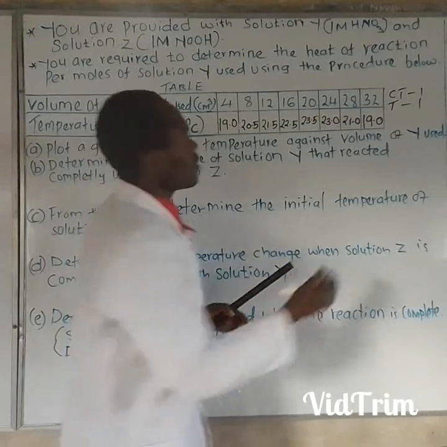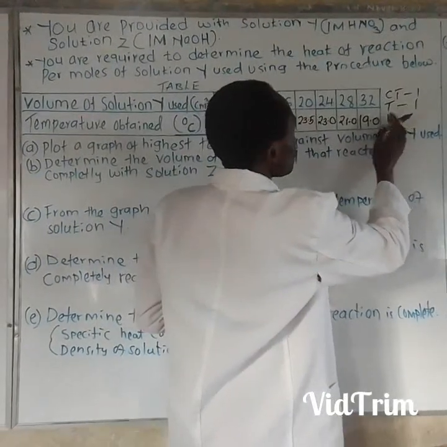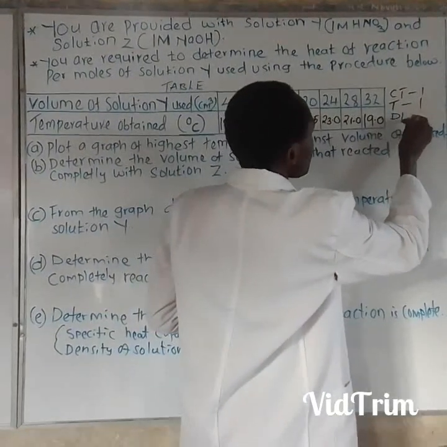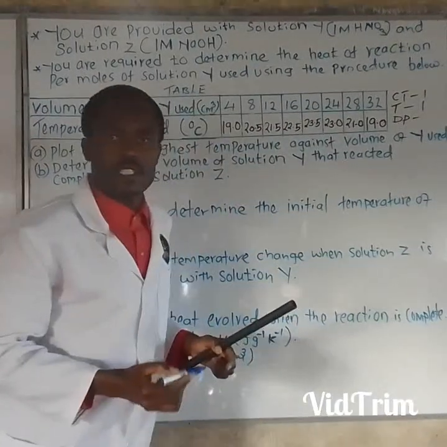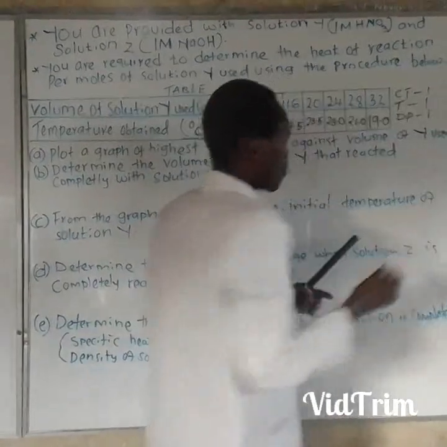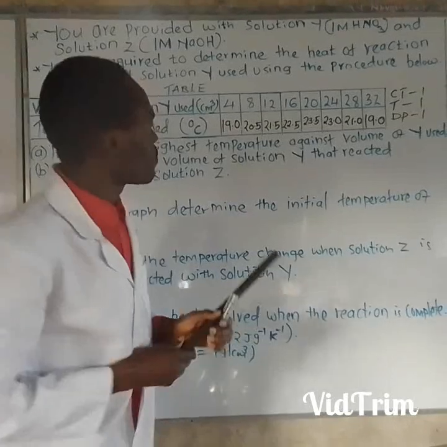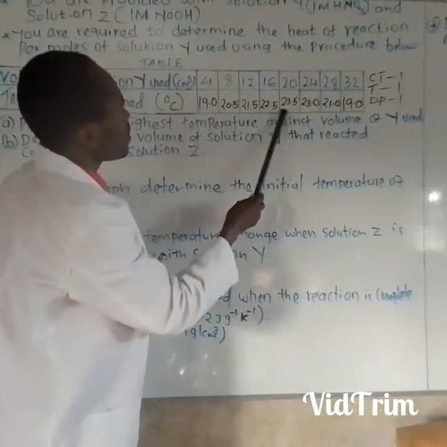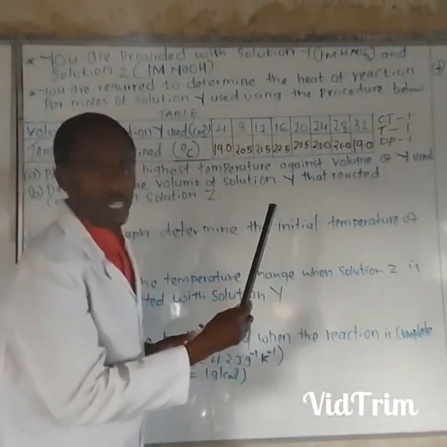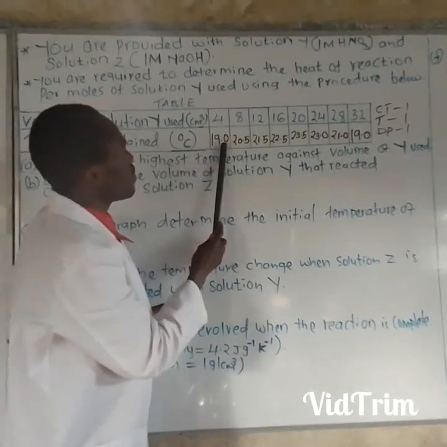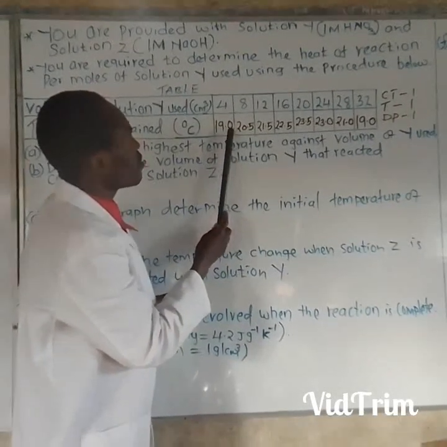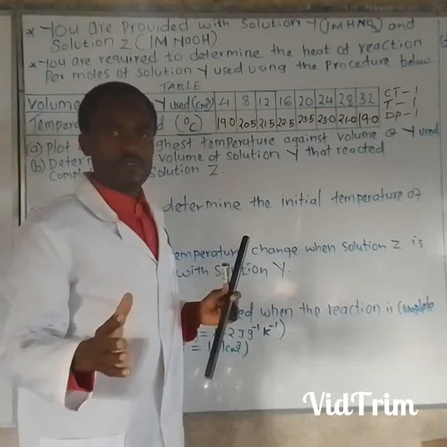Is it okay? Then we have another mark for what we call decimal place. Decimal place, you will also get 1 mark. What about the decimal place? When you look at the values of the temperature, it is either 19.0 or 19.5.